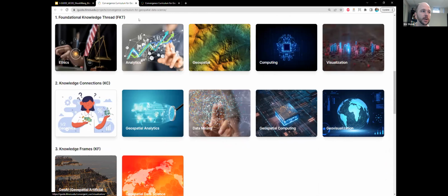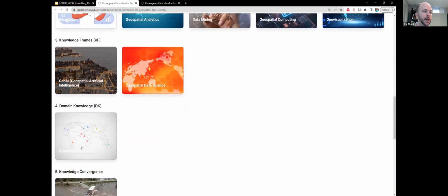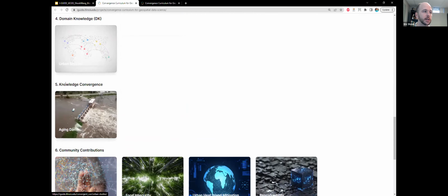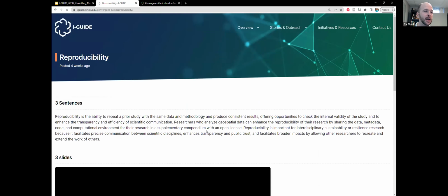So we have the foundational knowledge threads right here. We have the knowledge connections here. We have the knowledge frames here. We have domain knowledge, which includes urban studies at the moment, and then knowledge convergence with aging dams. We also are collecting community contributions, either through our community champions through iGuide, which includes food security, urban heat island mitigation, as well as other community contributions such as reproducibility.